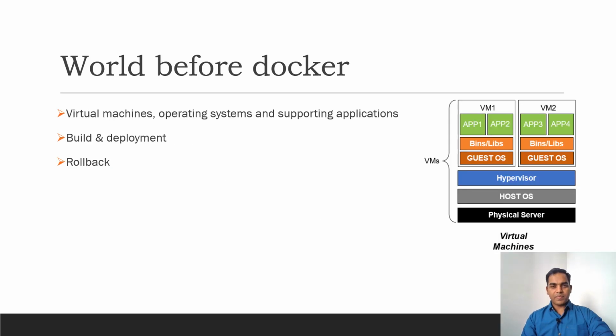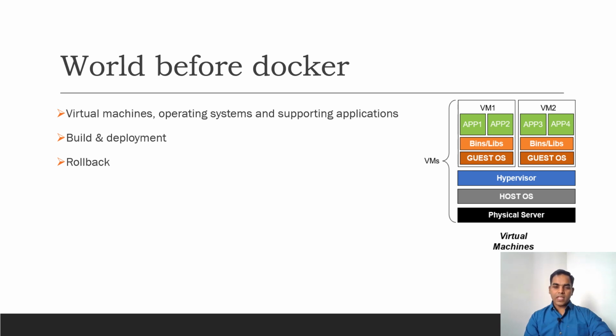So how was the world before Docker? Before Docker, we had virtual machines and we used to deploy applications on them. Here in the image, we have a server, and on top of that the operating system of the server, and then a hypervisor that manages multiple virtual machines.